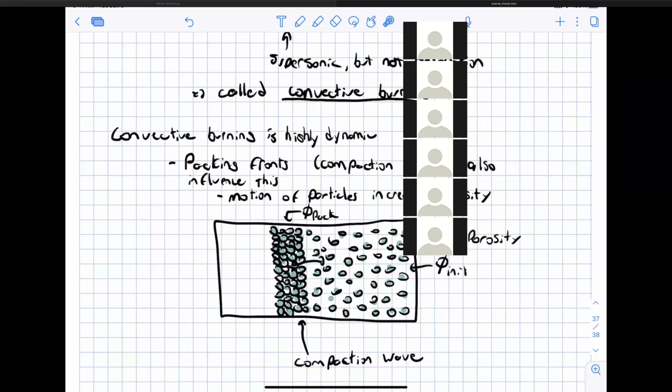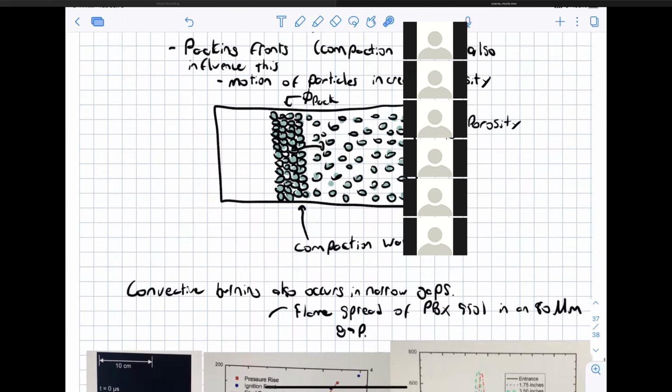It will also produce a phenomenon called compaction waves, where it's a front of colliding particles that gather up. So these are multi-phase flow effects that also affect the dynamics of this convective burning. This stuff gets very, very complicated.